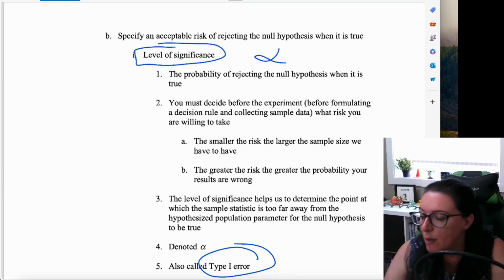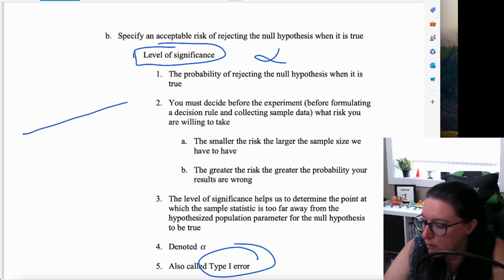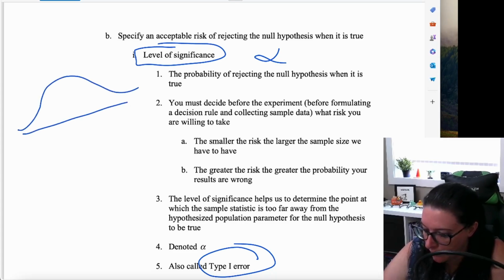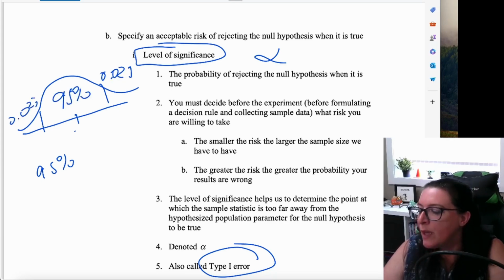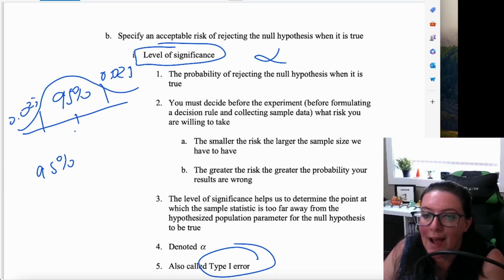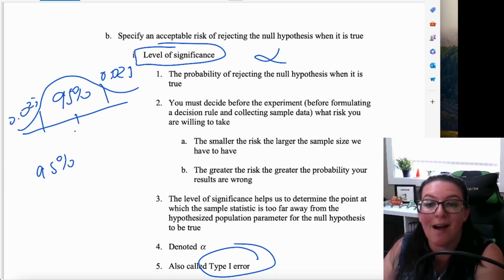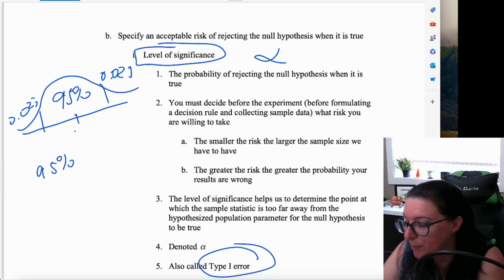So if we think about our sampling distribution here, let's say you want to be 95% confident, two-tailed test, 0.025 over here, 0.025 on this side. What we have here is that we are not 100% confident, we're only 95% confident.